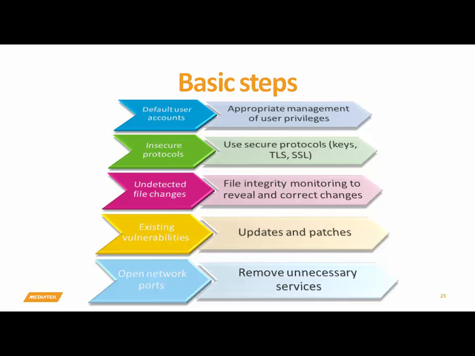If you monitor the file integrity of your system, it can start to reveal where the changes are taking place and potentially correct them at the same time. Look at other existing vulnerabilities, so things like patches and updates: make sure that everything is up to date and patched correctly. And then finally, there's things like legacy network points. So remove any unnecessary services that you may have from legacy solutions in the past.